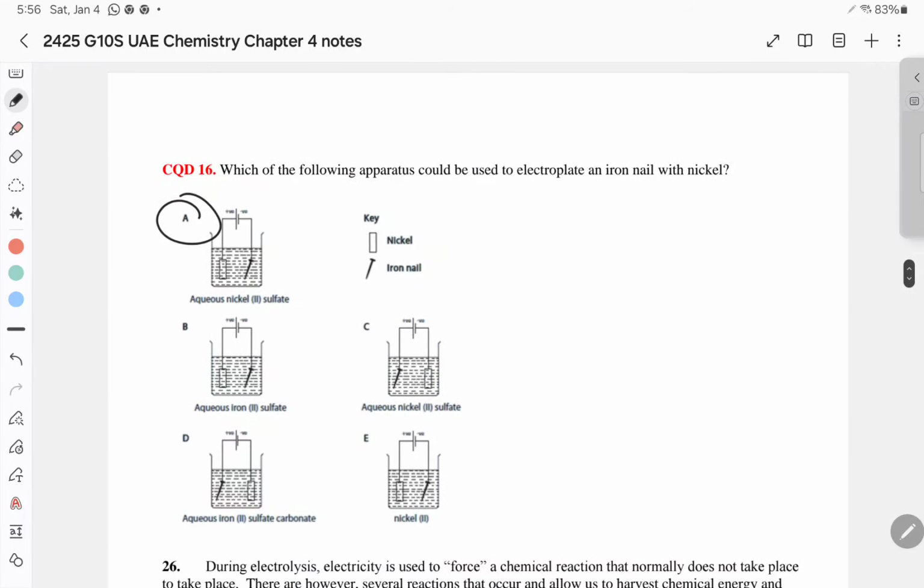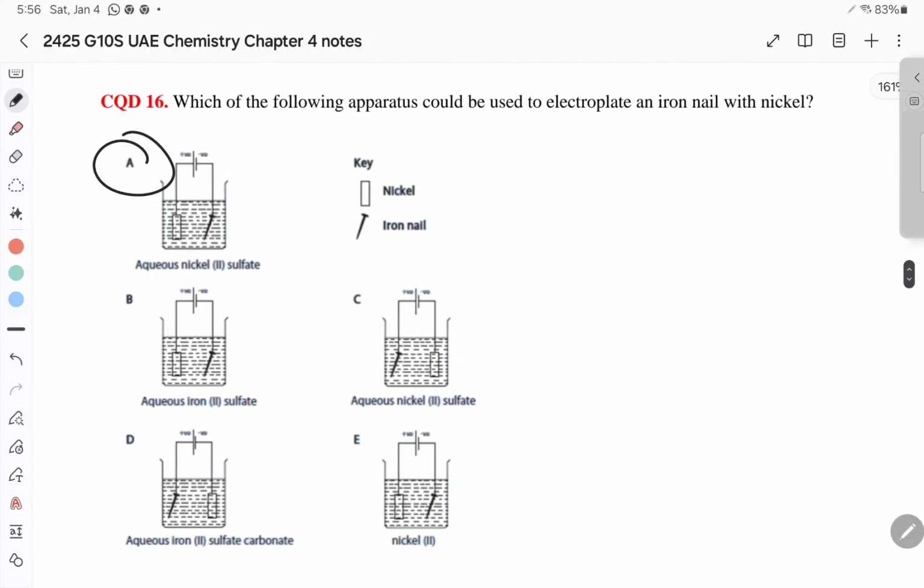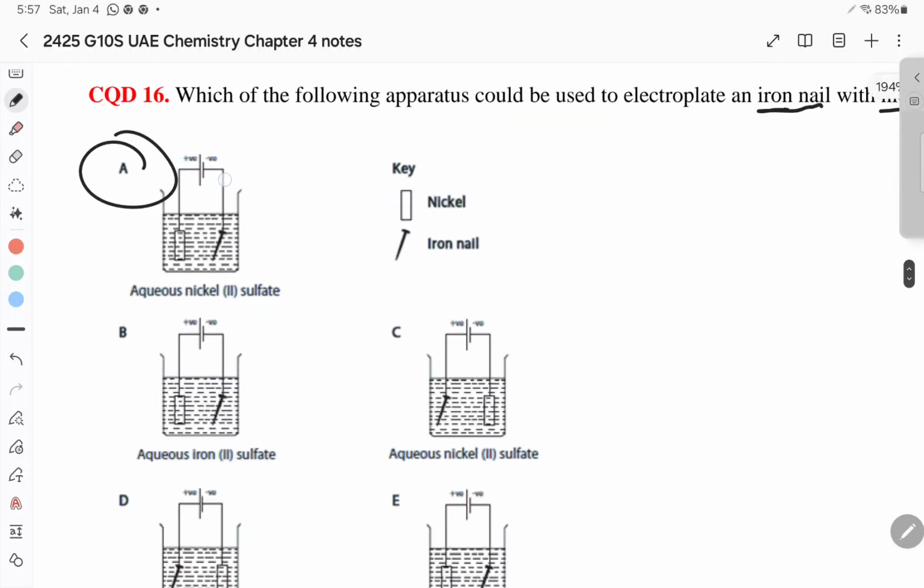Here they're asking us which of the following apparatus could you use to electroplate an iron nail with nickel. Since you want to plate it with nickel, your solution should have nickel in it. And we said that the thing you want to plate, your iron, should be your cathode.